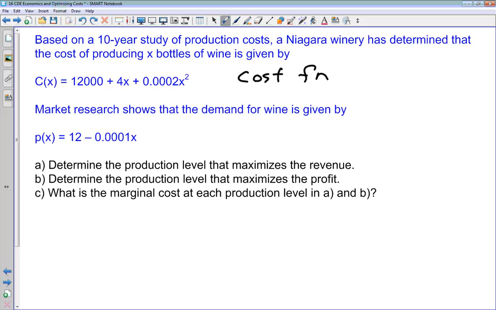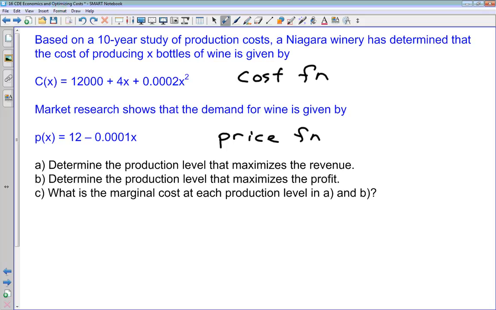Market research shows that the demand for wine is given by this function here. So this is lowercase p as a function of X. So this is our price function, or our demand function. And we are asked 3 questions here. We want to determine the production level that maximizes our revenue. We want to determine the production level that maximizes our profit.